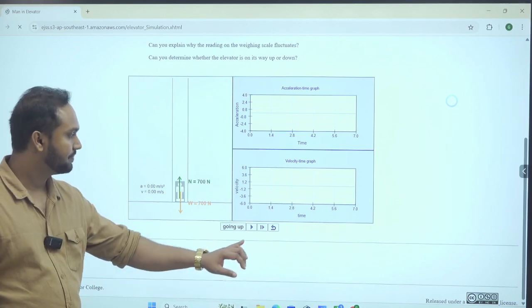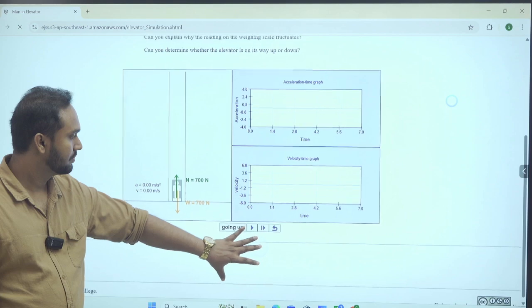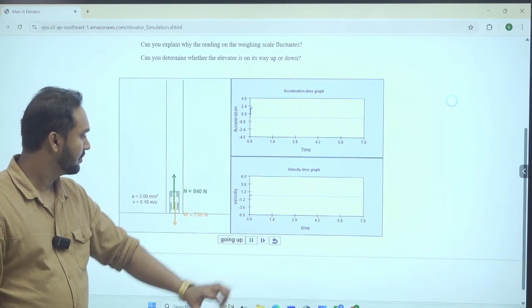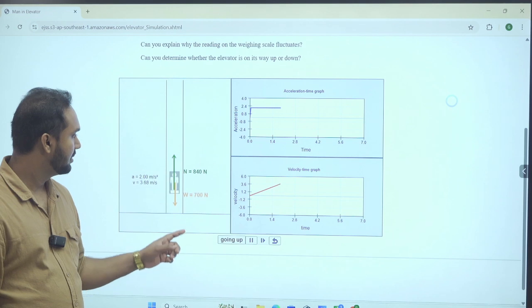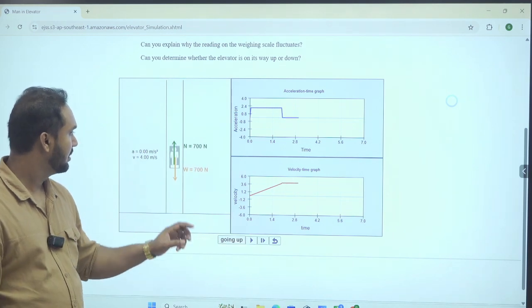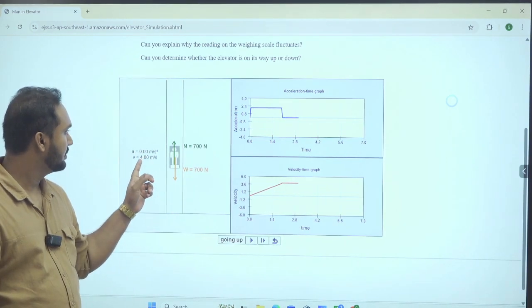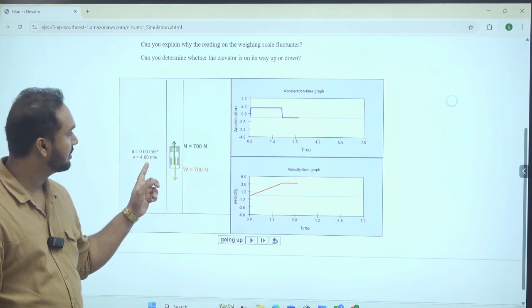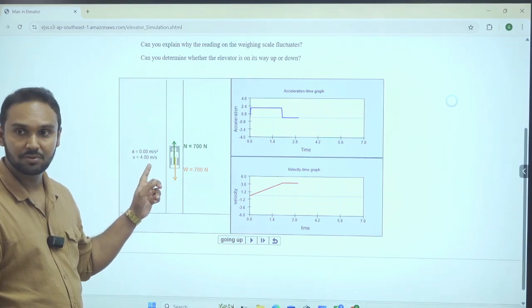Now look at this. Listen. Now the velocity is 4 m s minus 1, and it's still, bro listen.